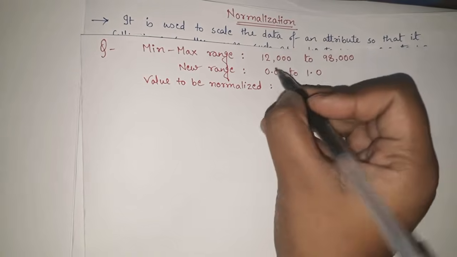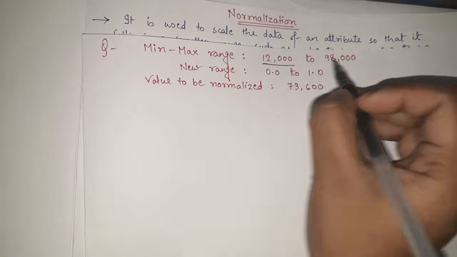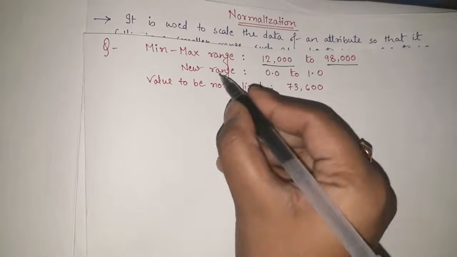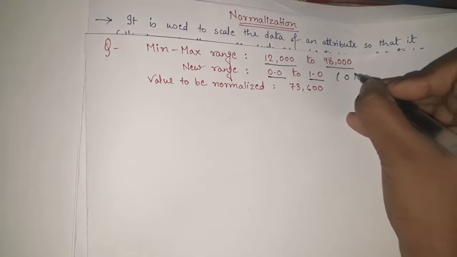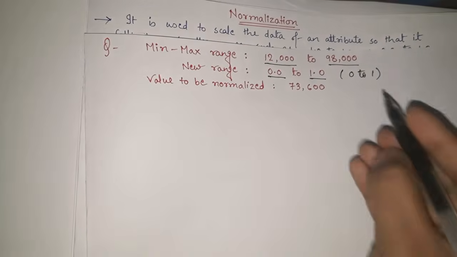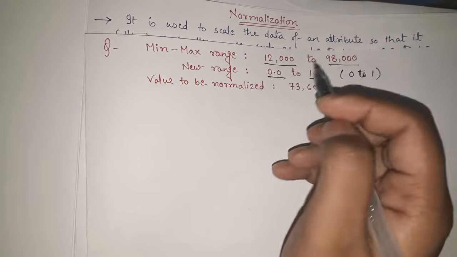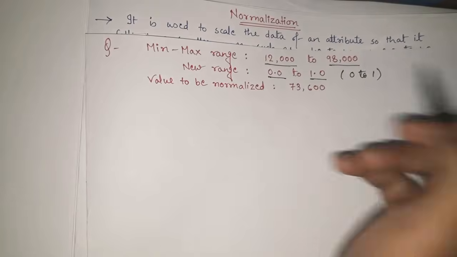That means the minimum value in the original range is 12,000 and the maximum value is 98,000. The new range given is 0.0 to 1.0, that means you can simply say 0 to 1. Got it? The original data ranges from 12,000 to 98,000, and we have to normalize this data and bring it into the smaller range of 0 to 1.